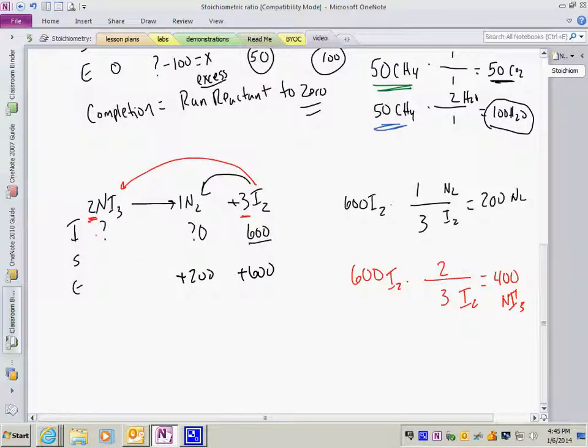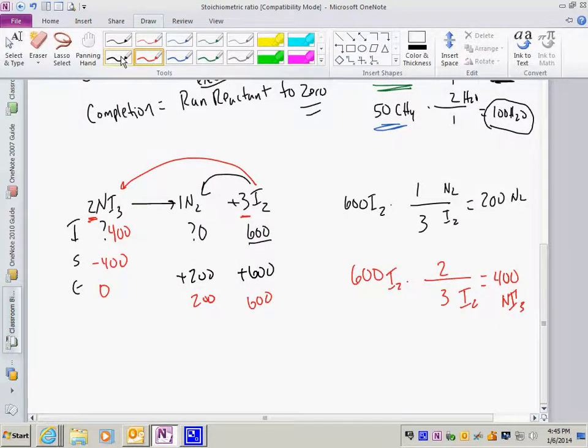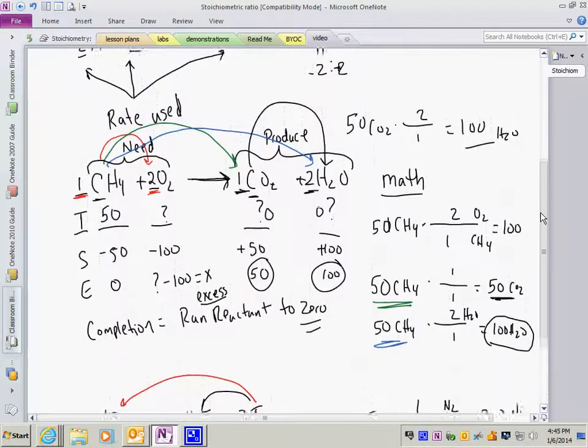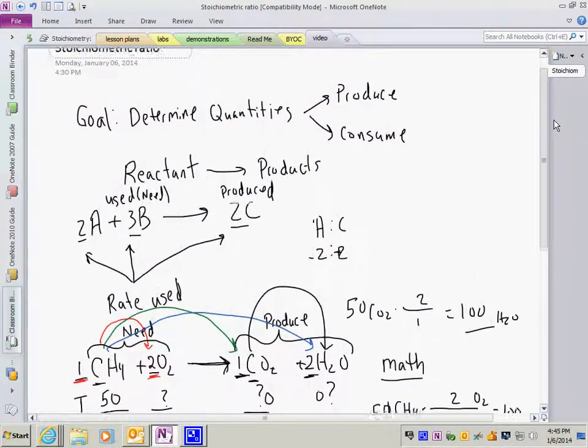Therefore, the original question mark was 400. So I'm going to lose 400 of these, gain 200, gain 600. So this would be down to 0, 200, and 600. That is 2 examples using the stoichiometric ratio and showing the math involved in these linear relationships.